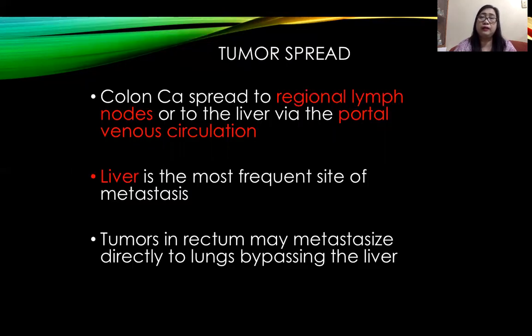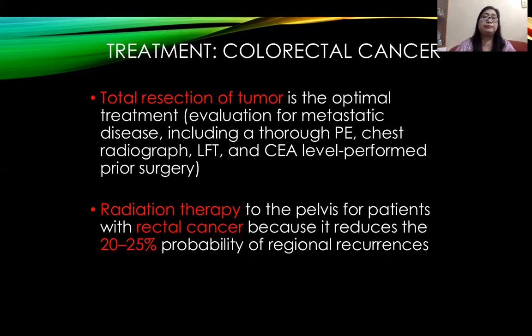And colon cancer may spread to regional lymph nodes or to the liver via portal venous circulation. The liver is the most frequent site of metastasis. Tumors in the rectum may metastasize directly to your lungs by bypassing the liver. As to the treatment, total resection of the colonic tumor is the optimal treatment.